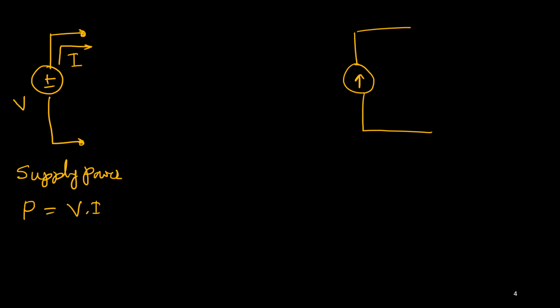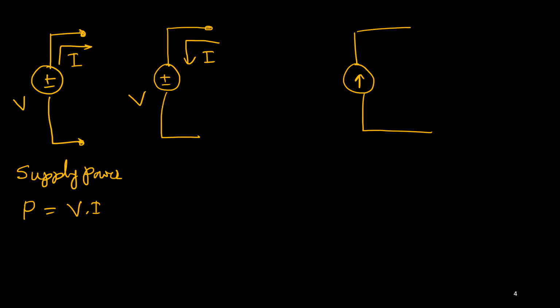But if the same source, due to other circuit elements, it happens that current is entering this side, this current is I, at that time that source will consume power.